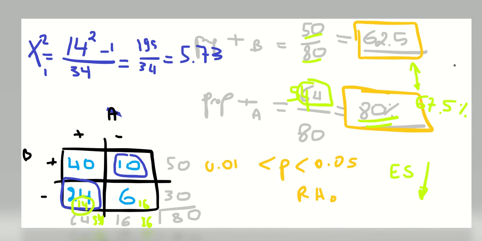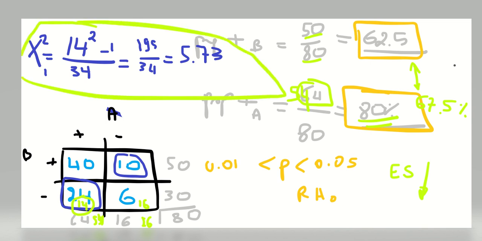What happens when your effect size gets smaller? If you remember in previous lectures, we talked about this. When your effect size is smaller, your power gets smaller. And when your power gets smaller, if you already rejected, you may not reject anymore. So if you were to recalculate the chi-square again, then the chi-square becomes 10 minus 14, so that's 4. 4 squared is 16, minus 1 becomes 15, divided by 34.